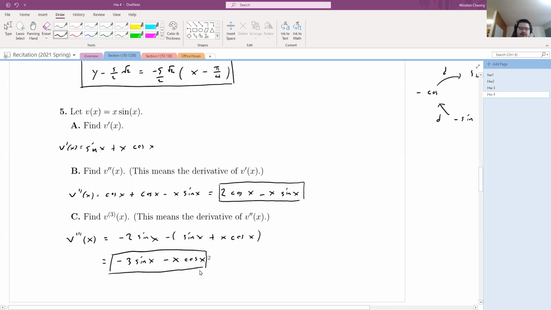Okay. I think I have a lot more time than I would have expected. Wait, am I sharing the whole screen or am I sharing? Okay, I'm just sharing the OneNote. Yeah, okay, so we're only halfway through our recitation.